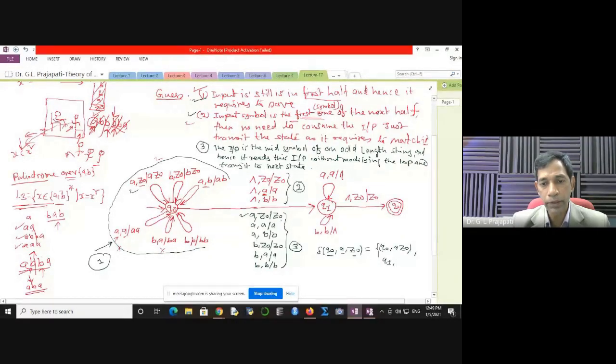And what is the top? You are not going to change the top. The top symbol is replaced again with Z0. So this is the next possibility. So for this same input, there are two outputs. The machine can go to this output, or the machine can go to that output.